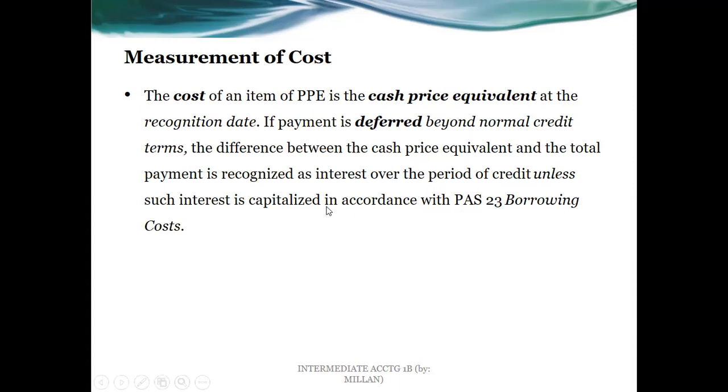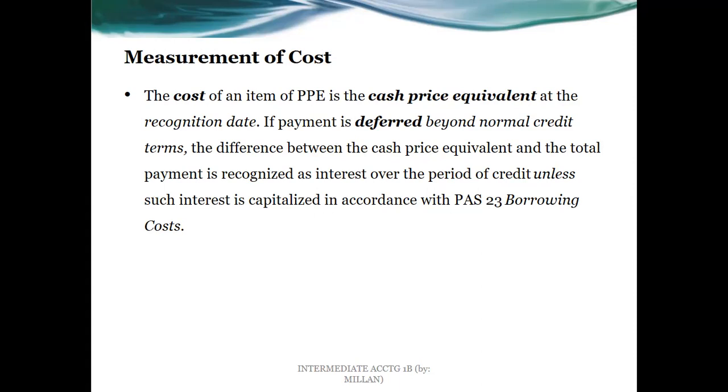And then if payment is deferred beyond normal credit terms, so that's beyond what is usual, let's say 10 days, etc., then in that case, there would be a computation of present value, using present value factors to get the present values of the cash flows. So why is that?